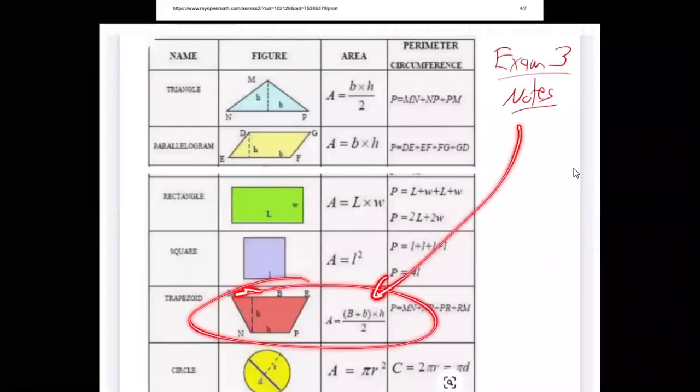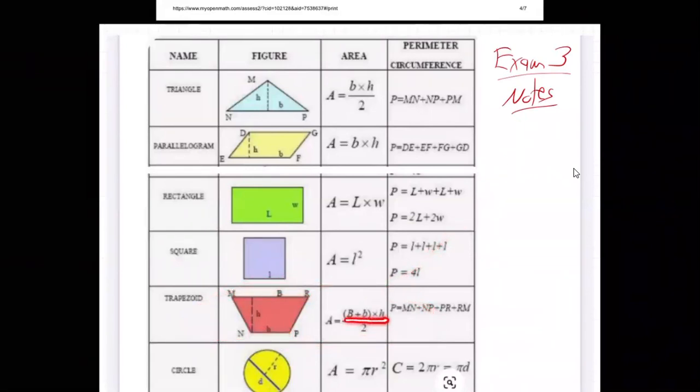Here's the area of a trapezoid formula. It's the one base plus the other base times the height divided by 2. So little b plus big B in parentheses, times the height divided by 2. Big B and little b are the bottom and top of the trapezoid, added together in parentheses, times the height, which must be 90 degrees between the bases, divided by 2.